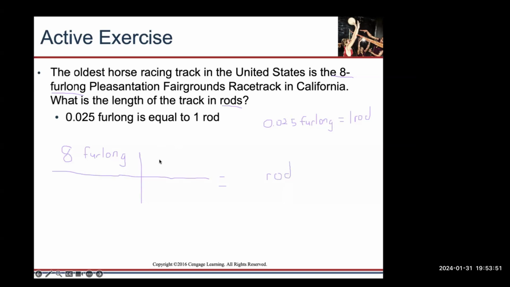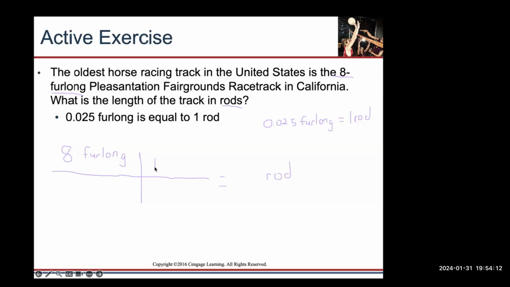So what's going to be on top? You've got a 50-50 chance. The rod, that is correct.